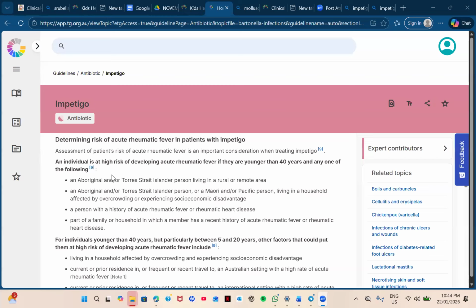An individual is at risk of developing acute rheumatic fever if they are younger than 40 and any of the following: Aboriginal or Torres Strait Islander, a person living in a rural or remote area, Maori or Pacific person, living in a household affected by overcrowding or experiencing socioeconomic disadvantage, a person with a history of acute rheumatic fever or rheumatic heart disease, or part of a family or household in which a member has a recent history of acute rheumatic fever.